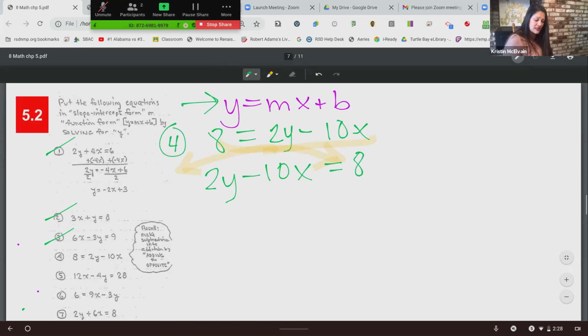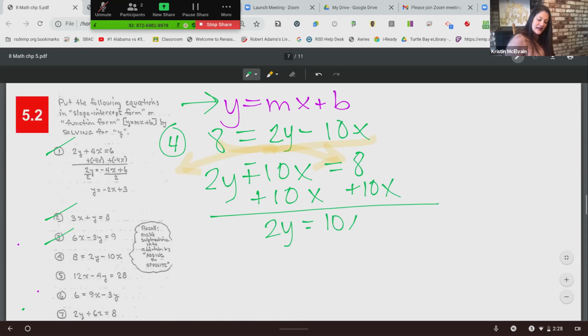Now, absolutely, you could solve it in that form, but this just helps keep it in line, makes it a little bit easier. Okay, so now I'm going to add the opposite. So of course, this is plus a negative 10x. So then when I add the opposite to both sides, I'm going to add a positive 10x. That leaves me with 2y equals 10x plus 8.